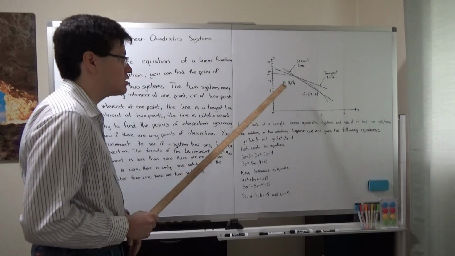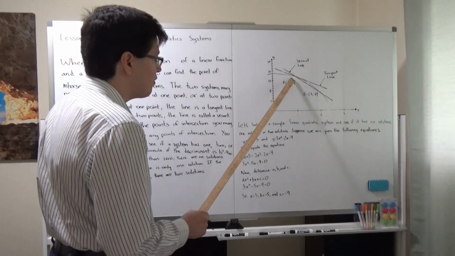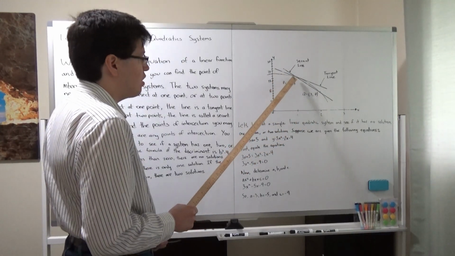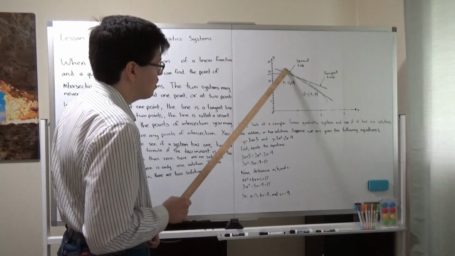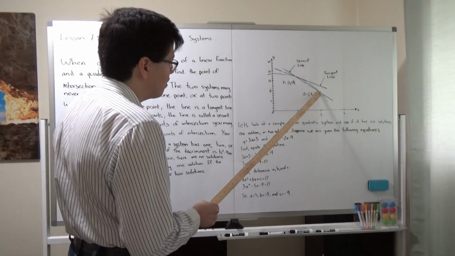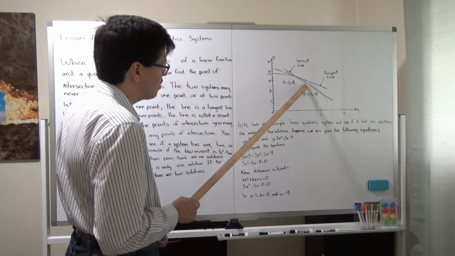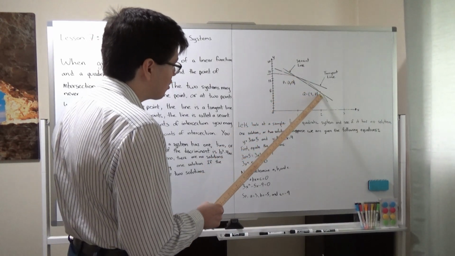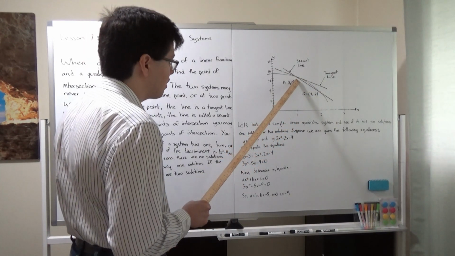So now let's look at this graph. Here we have a quadratic curve, and we have two lines. This line touches the quadratic curve at 2 points, (2, 7) and (1, 13).